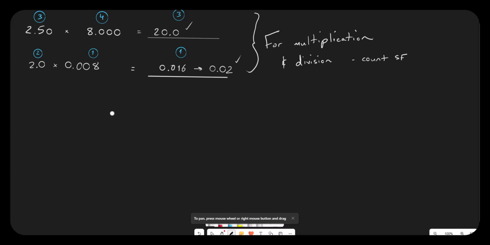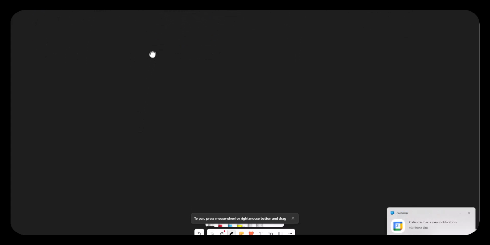Maybe I'm adding 3.141, and I want to add 0.02. So I'm going to stack these up so that the decimal point lines up. 3.141, 0.02.